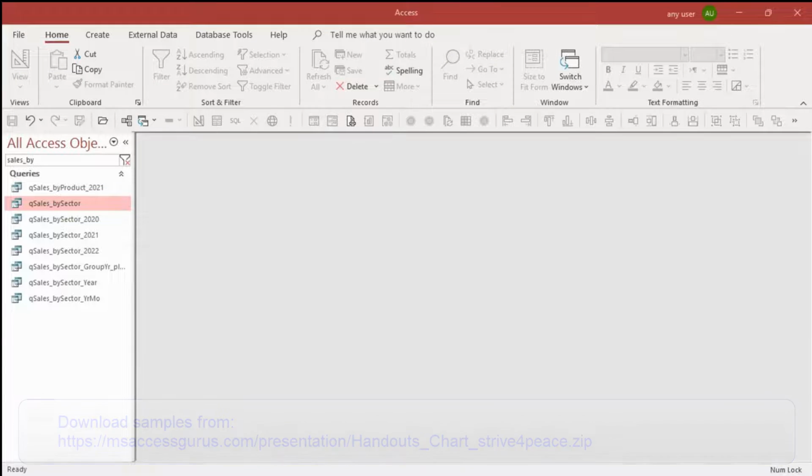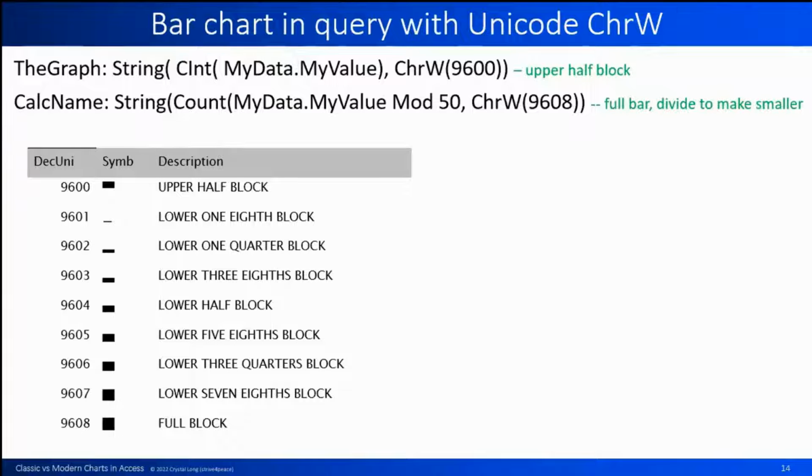And then just finally, I want to tell you that you can actually put bar charts in a query. So this is in the PowerPoint presentation. You can just make a calculated field. Here are some decimal values for Unicode characters that you can use with CHRW. And I've given you a couple options here, like 9600 is the upper half block, which I like to use in a query just so it doesn't fill the whole row.